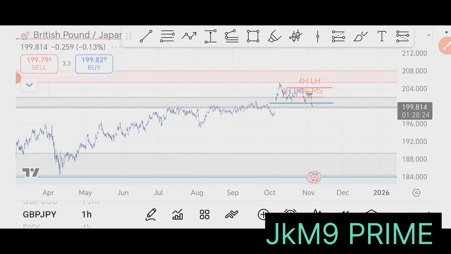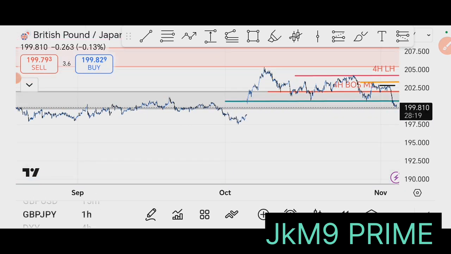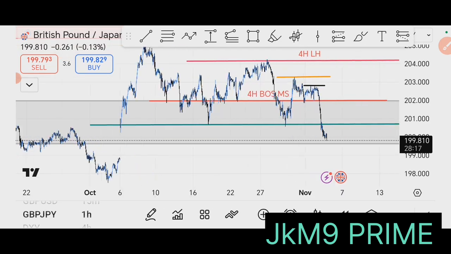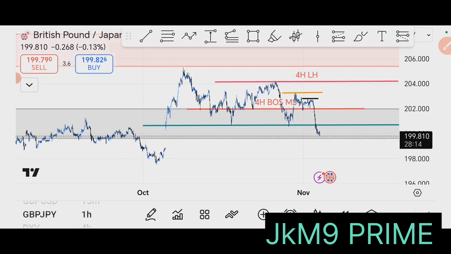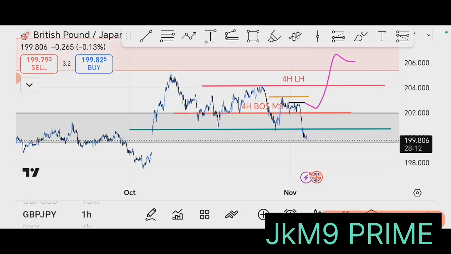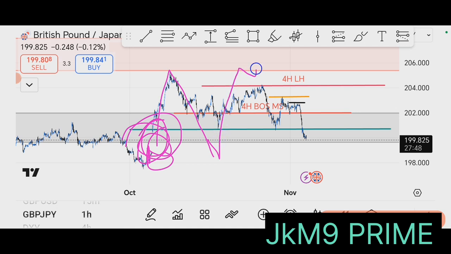Then going to the 1 hour time frame, what will you expect here? You see currently this zone acts as a very strong support because price came here the last 3 times and never broke this level. Normally whenever there is a fair value gap, price always comes to take this gap, and then only goes in the following direction.